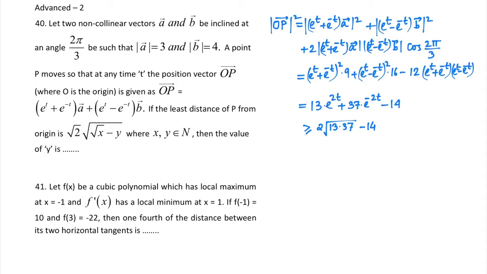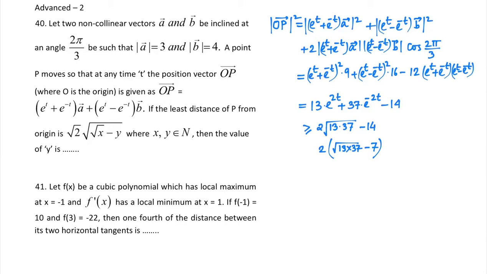So here I can rewrite it by taking 2 common, and that will give us root over 13 into 37, which is some number, okay, which we can find, but it is not required to find here. Now this is the value of mod OP whole square.